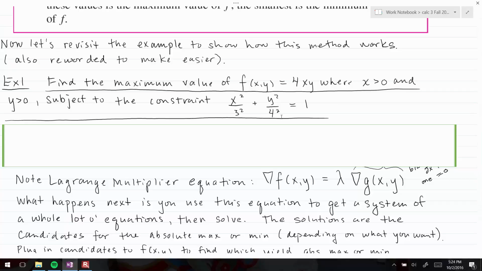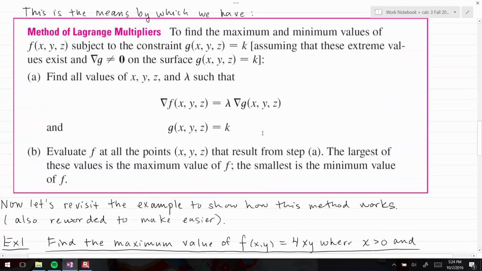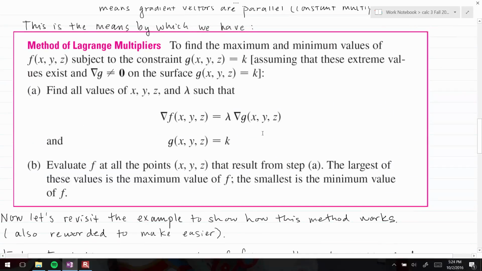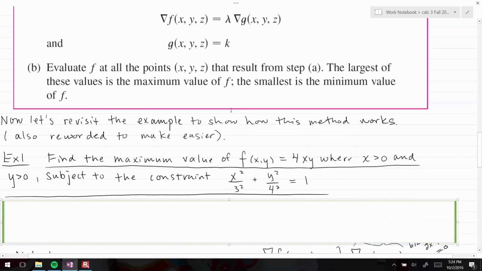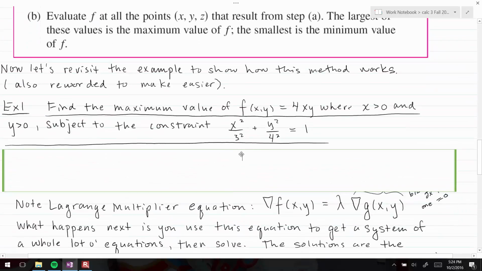The first thing is to define your f and g. The f is already defined. In the Lagrange multipliers method, your g is the constraint, and the thing you wish to maximize or minimize is f. So make sure you've got those squared away.